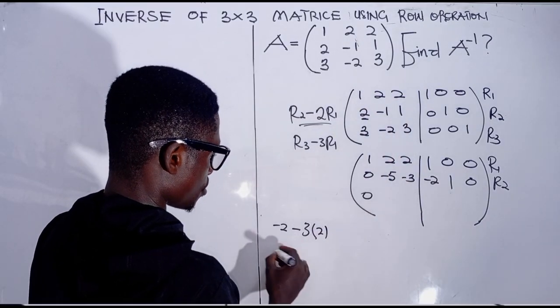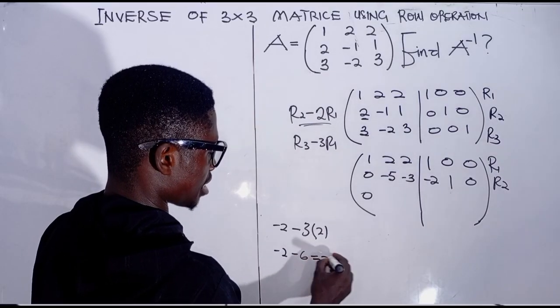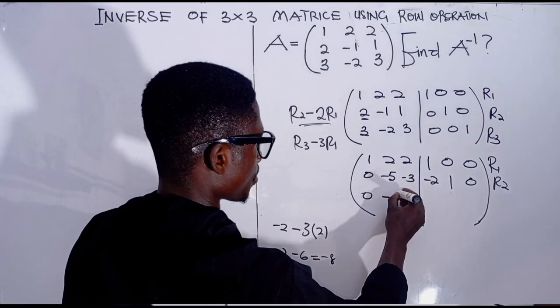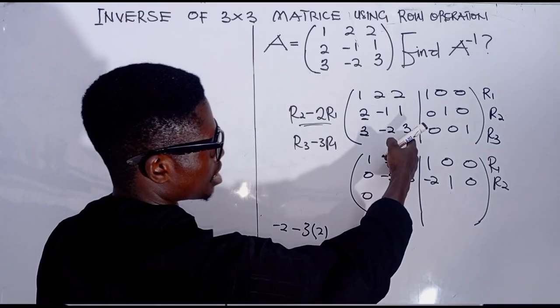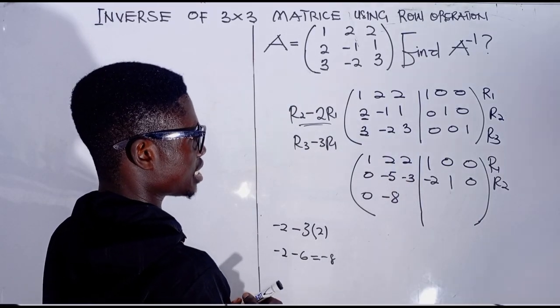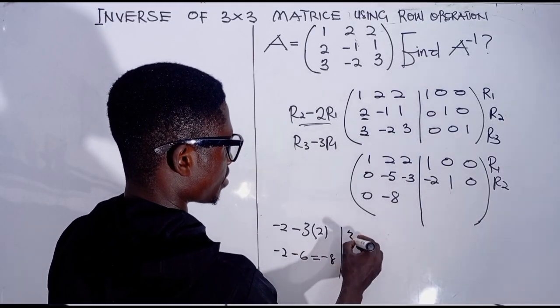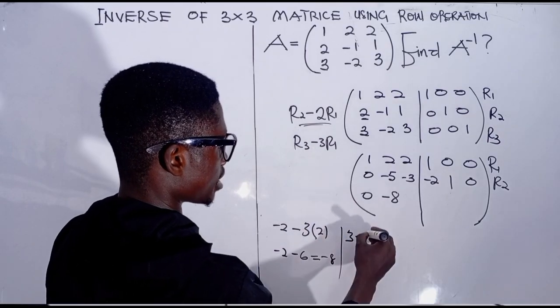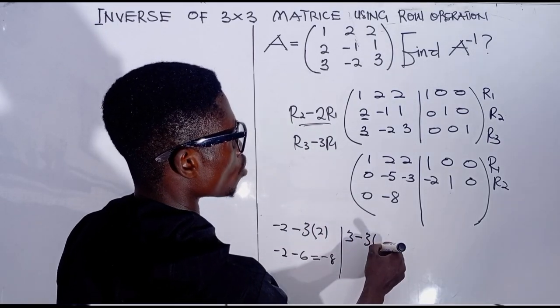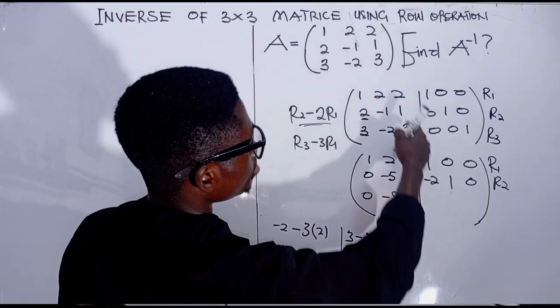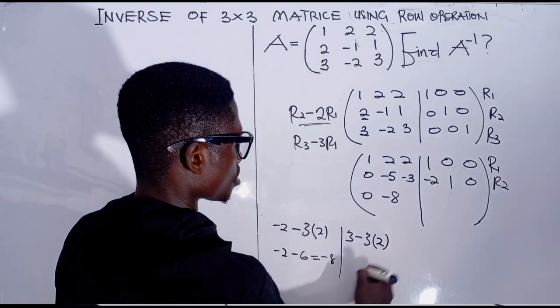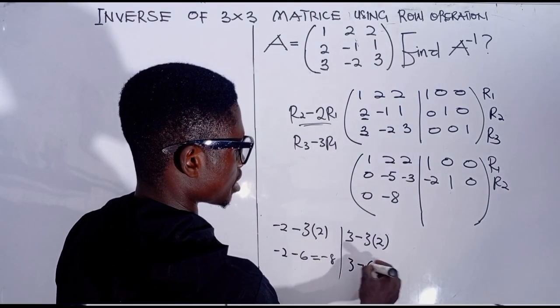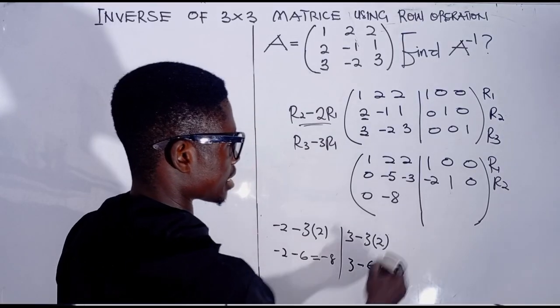We have minus 2 minus 6, that gives us minus 8. So we have minus 8. Then move on to the next entry, which is 3. So we have 3 minus 3 times its corresponding row 1 entry, which is 2. So we have 3 minus 6, that gives us minus 3.